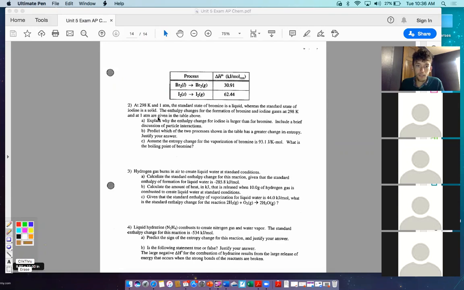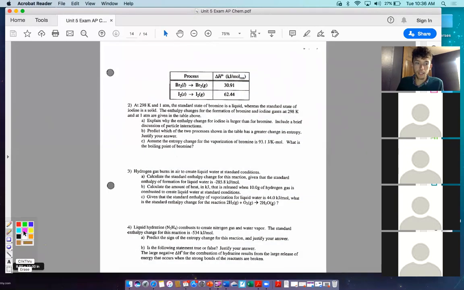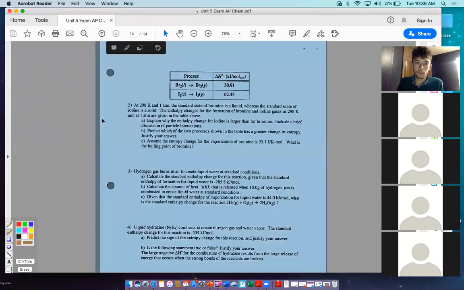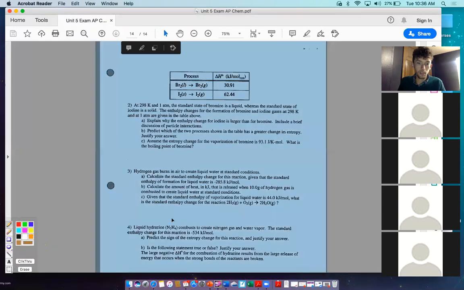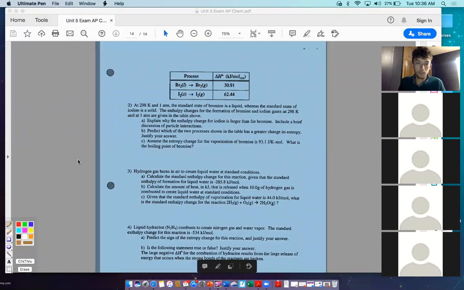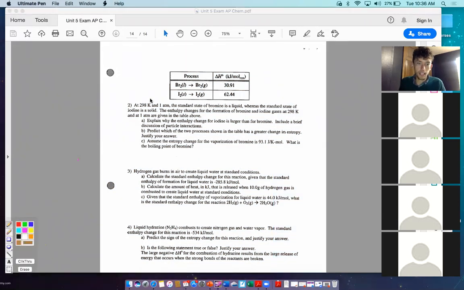So you had two main things you could have said in part A here. First, you could have said that iodine is changing all the way from a solid to a gas.